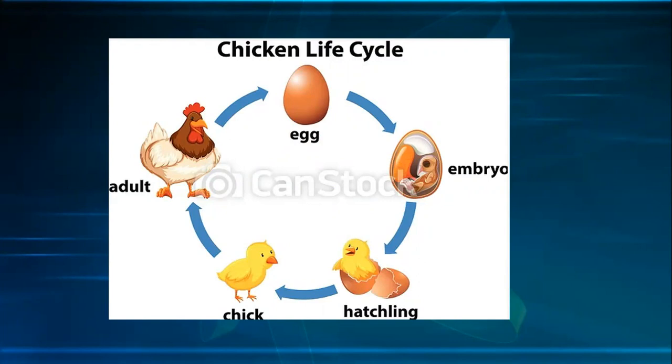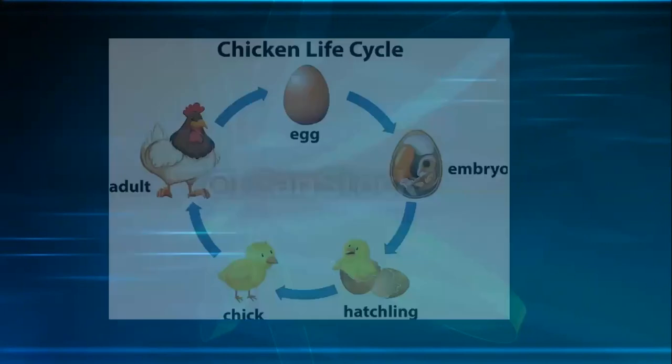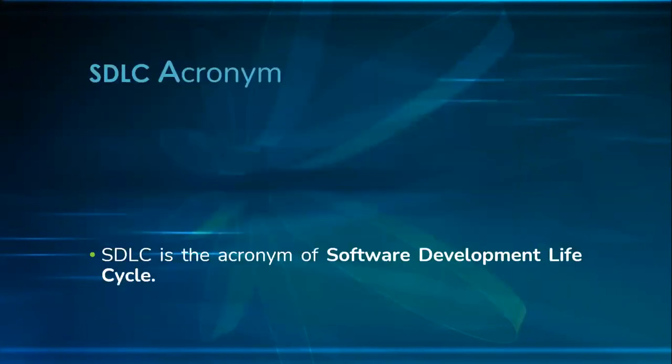I took the life cycle of a chicken. I also used us humans, how we were formed, how everything started, and we got to adulthood. From the egg to the embryo, hatchling, chick, and to the adult. That's the life cycle of a chicken. We've got the human life cycle, and we've got the software development life cycle, which is what we were dealing with yesterday.